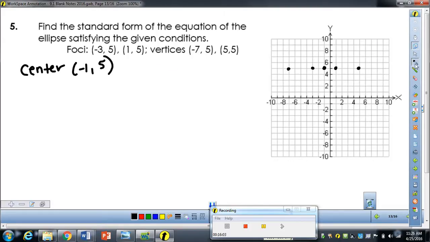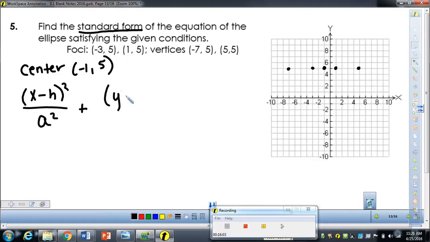All right. Let's continue by putting the standard form of our equation so that we know what we're looking for. Since it's not centered at 0, 0, it's going to be (x minus h) squared over a squared, plus (y minus k) squared over b squared, equals 1.